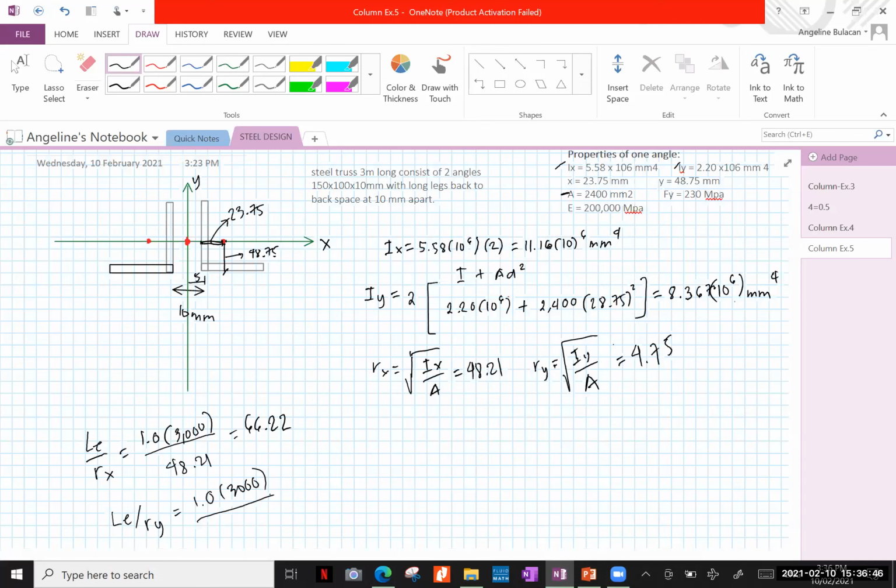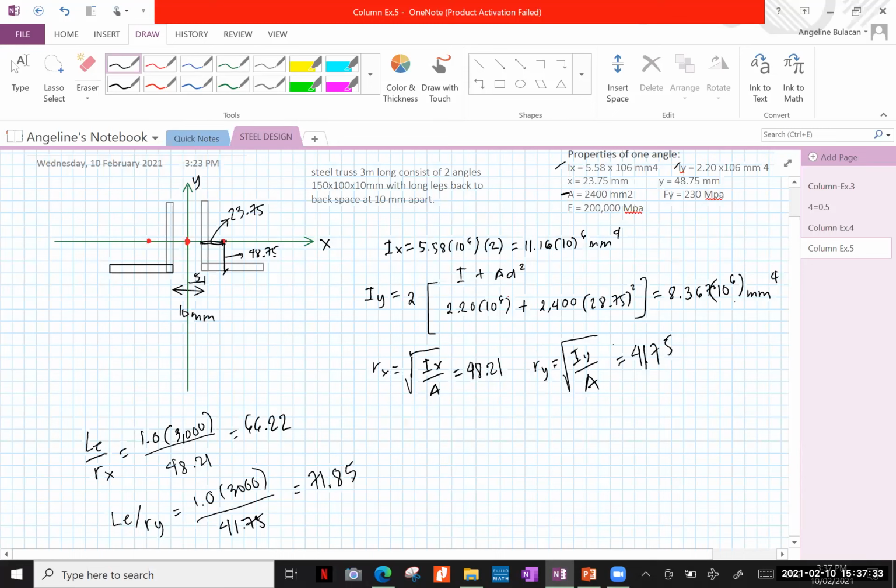Square root of, sorry. We have square root of square root 8. Yan, mali nga ako. This is 41.75. Yeah. So, Le over ry over 41.75 is equal to. Okay, so, pag hindi ulit kayo nag-round off, this will be 71.85.